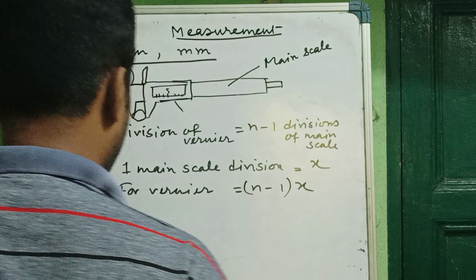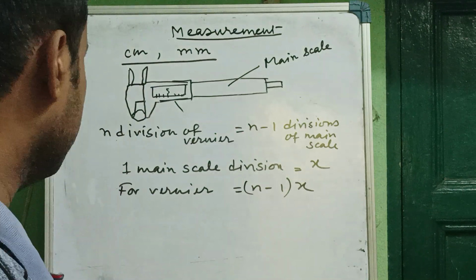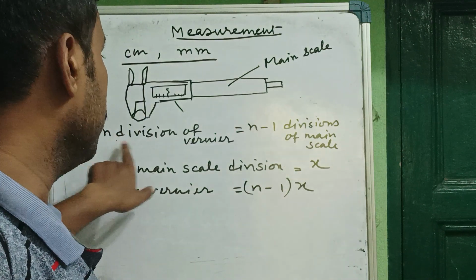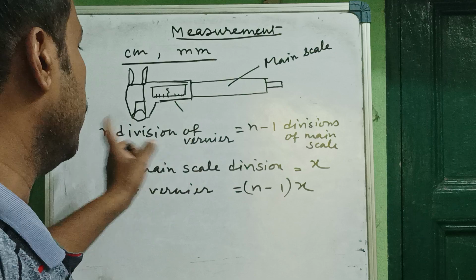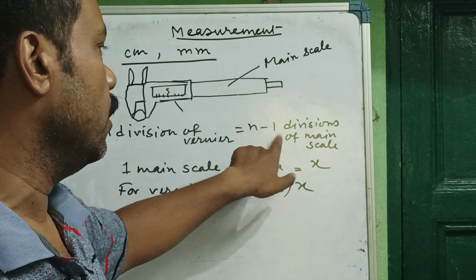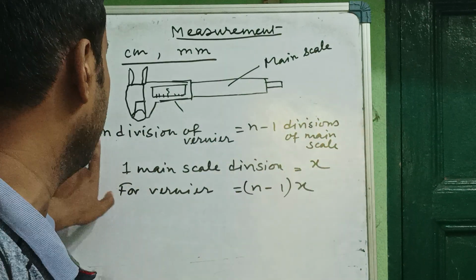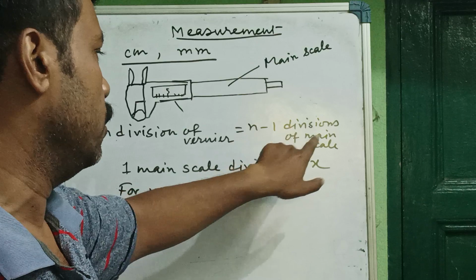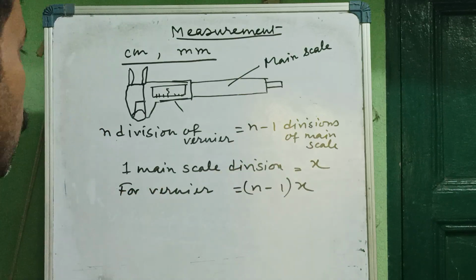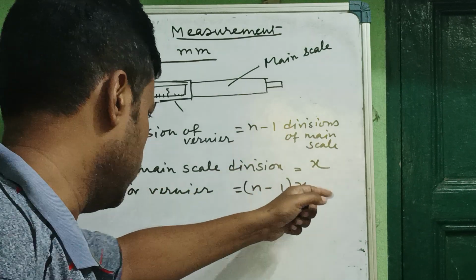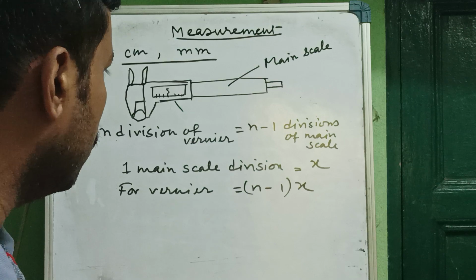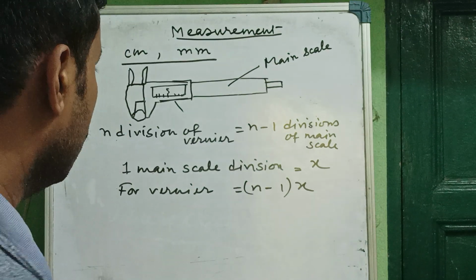How is it possible? N divisions of the Vernier scale, we know that 10 divisions of the Vernier scale equal 10 minus 1, 9 divisions of the main scale. So n divisions of the Vernier equal n minus 1 divisions of the main scale. One main scale division is x, so for the Vernier, n minus 1 into x.